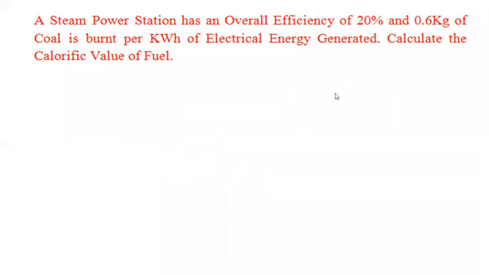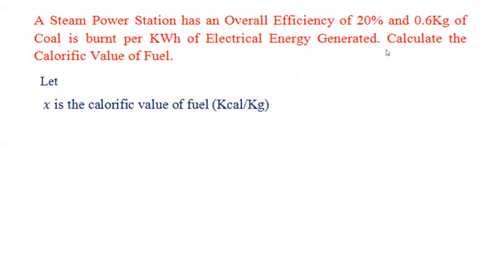Now observe here, we want to find out the calorific value of the fuel. We are assuming x is the calorific value. Generally the calorific value is expressed in kilocalorie per kg.